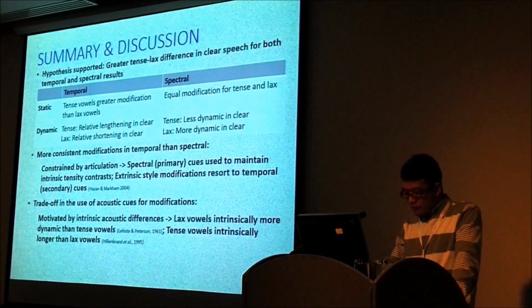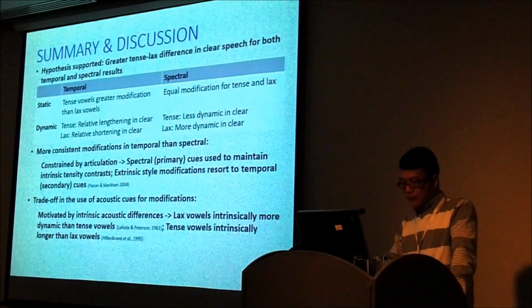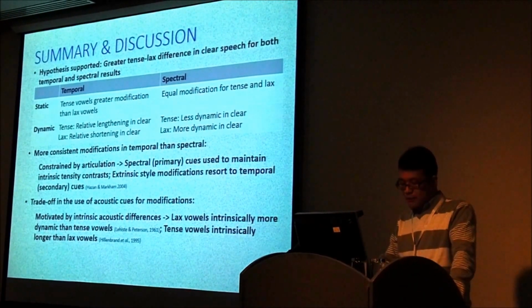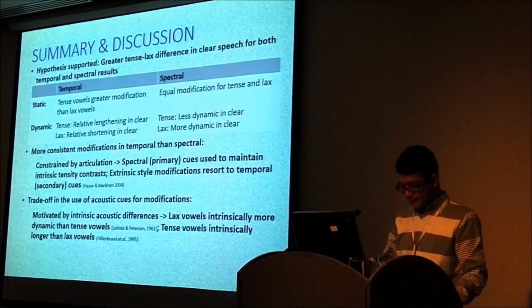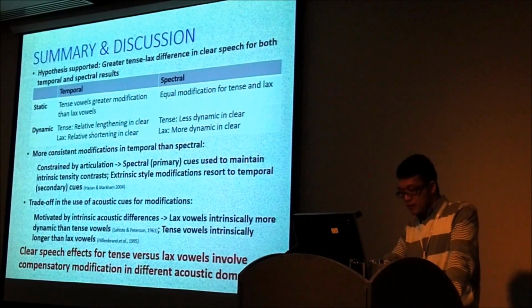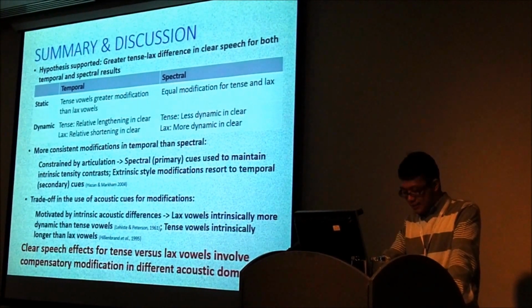However, in the temporal domain, since tense vowels are intrinsically longer than lax vowels, tense vowels were stretched even more in clear speech than lax vowels. So taken together, our study showed compensatory modifications for tense-lax vowels in different acoustic domains.